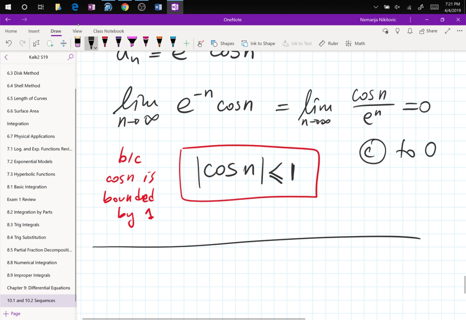Now, this would not be the case, obviously, if you had n sine n. In that case, n goes to infinity and the sine is oscillating between -1 and 1, so in this case it would be infinity. It depends on what's there.